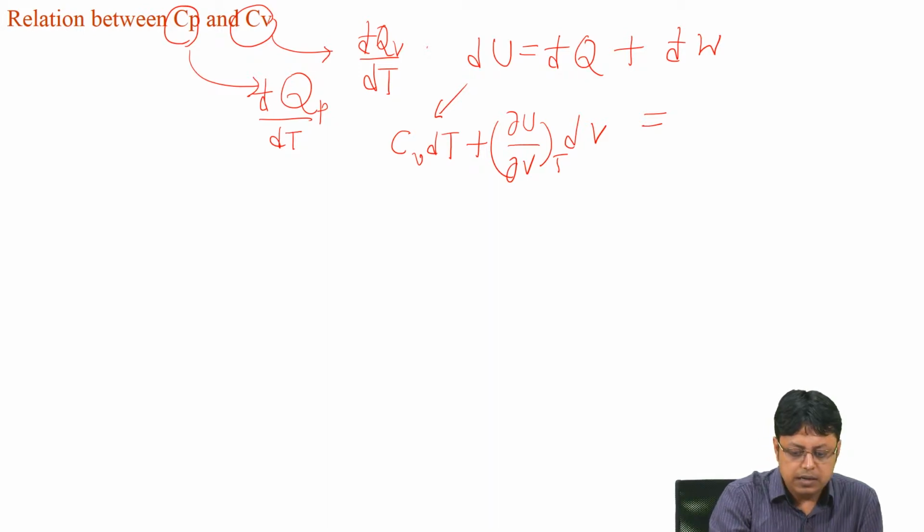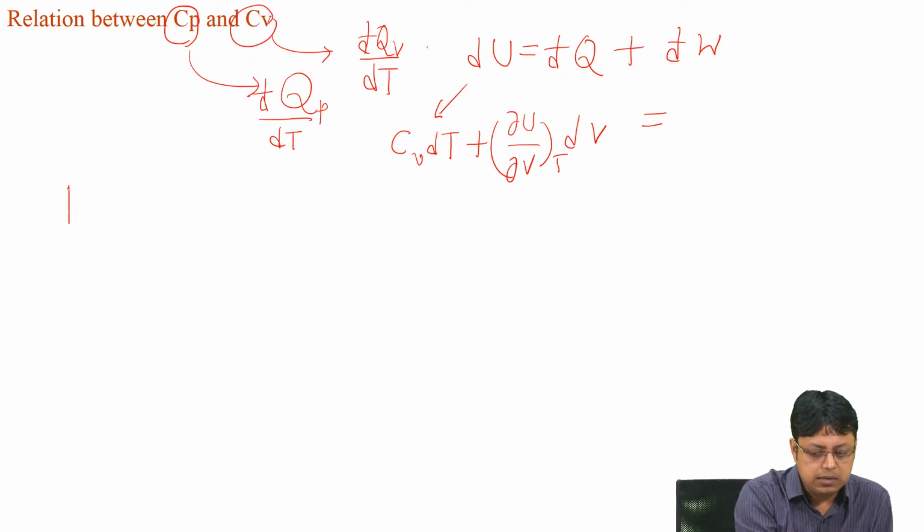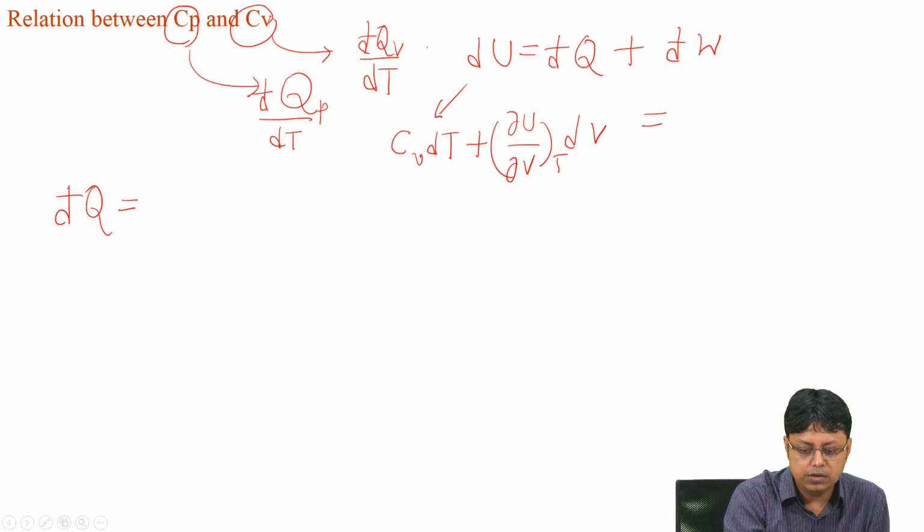So we rewrite this equation as đq is nothing but dU minus đw. Now dU we are writing as Cv dT plus (∂U/∂V)_T dV, minus đw.